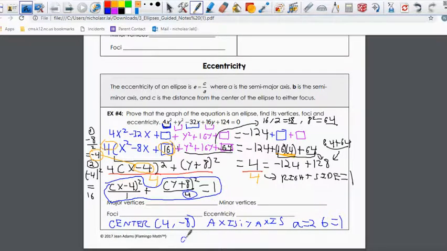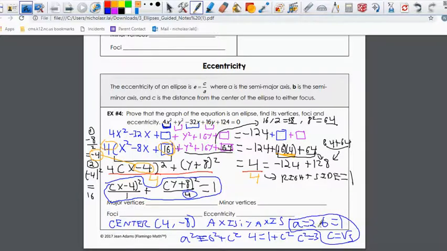And so a squared is equal to b squared plus c squared. So 4 is equal to b squared, which is 1, plus c squared. So c squared is equal to 3, and c is equal to the square root of 3, okay? So that's a, b, and c.